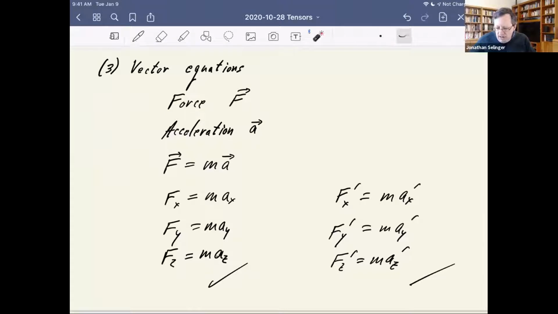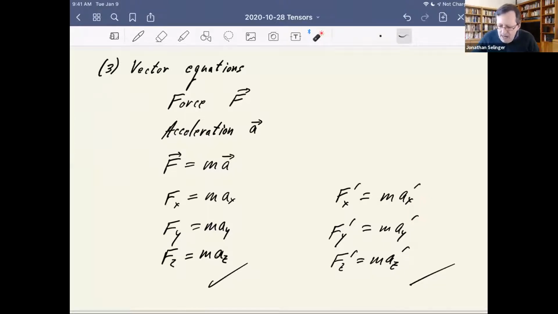Even though they each have different sets of numbers for the force and different sets of numbers for the acceleration, still the same vector equation works for both of them, right? The same vector equation works in any coordinate system.